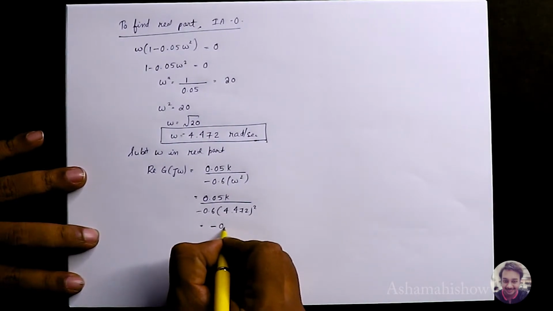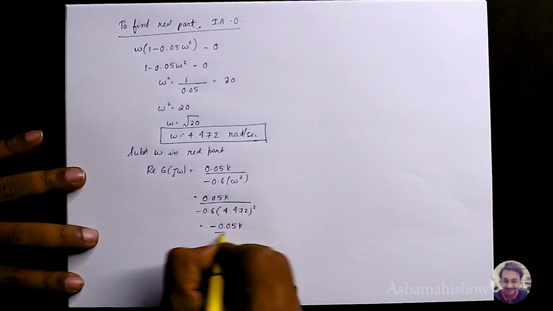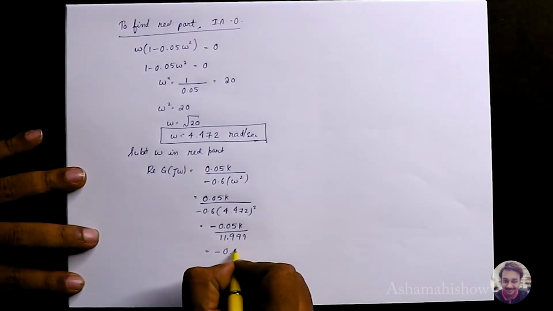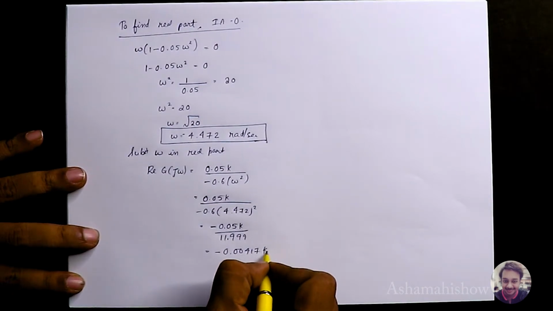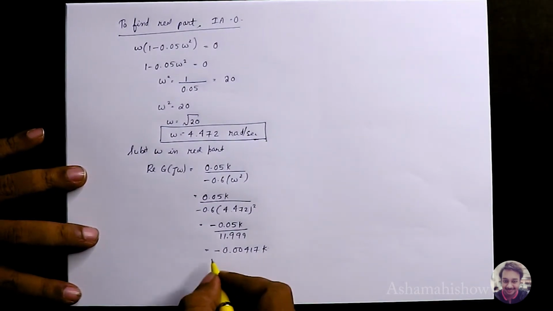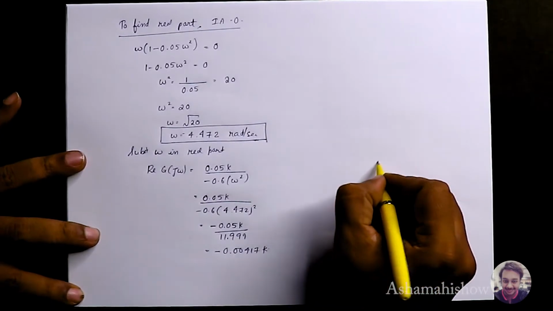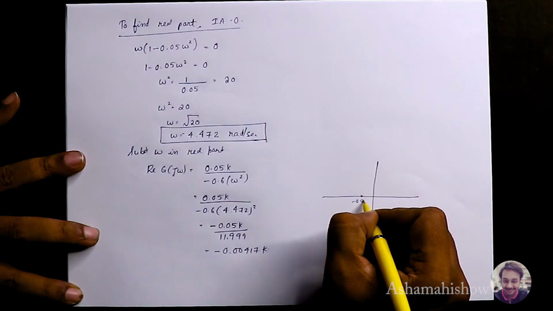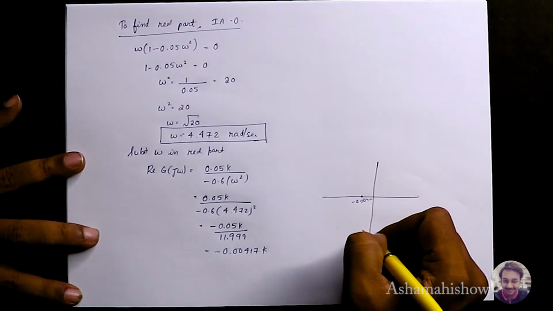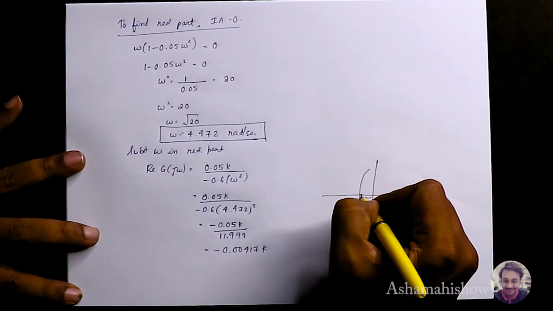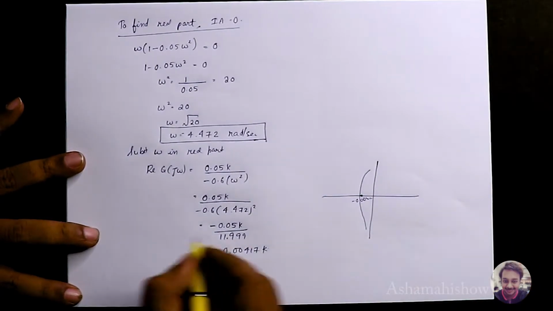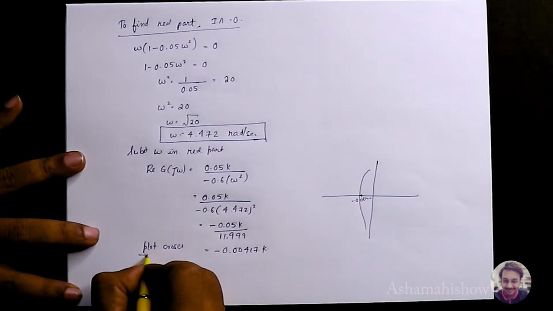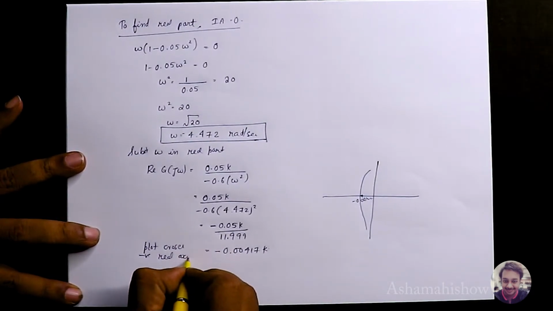I'll keep the minus on top, by 11.999, which is minus 0.00417 k. So this is a negative real axis. Here your polar plot crosses at minus 0.00417 k, so your plot crosses the negative real axis.